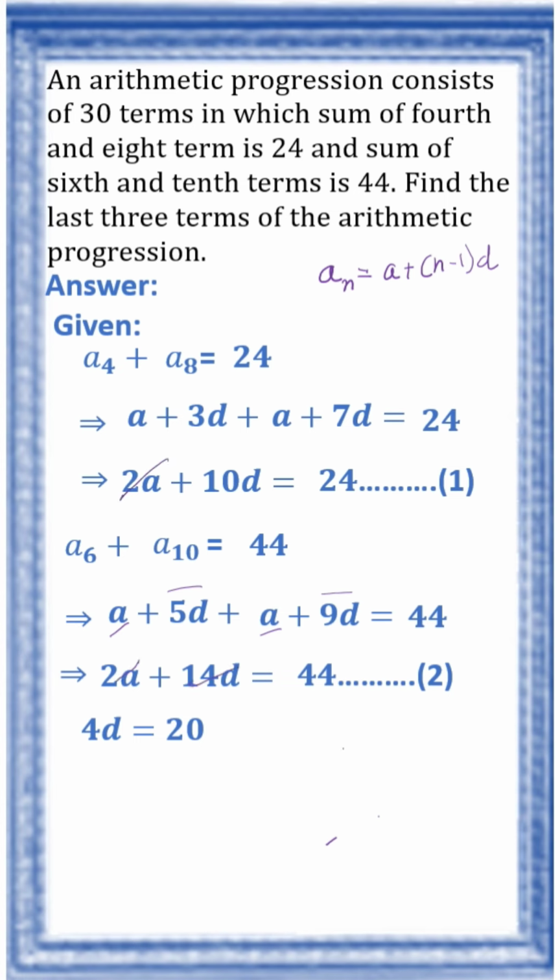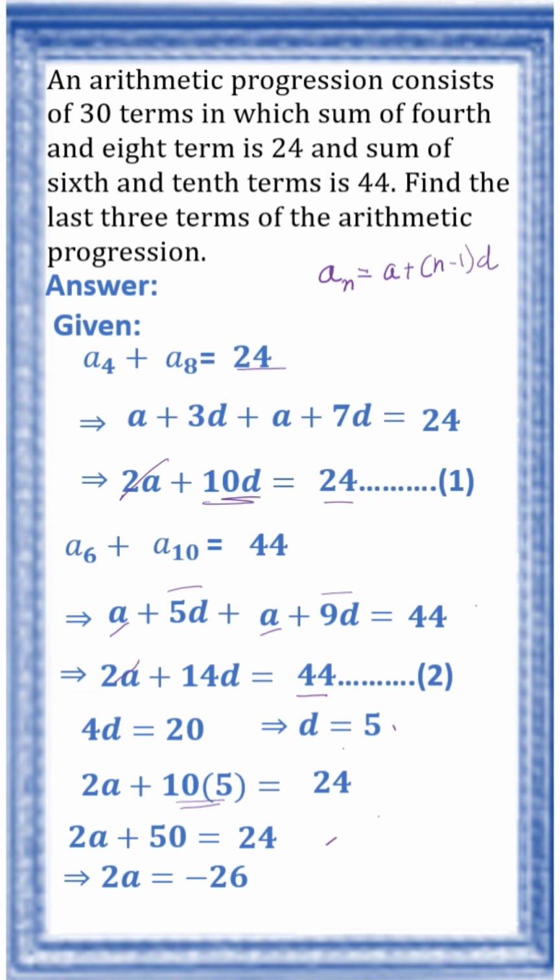Now let us substitute d is equal to 5 in equation number 1 or equation number 2. Let us substitute it in equation number 2. 2a plus 10 into 5 is equal to 24. 10 into 5, that is 50. 2a plus 50 is equal to 24. 2a is equal to 24 minus 50, that is minus 26.